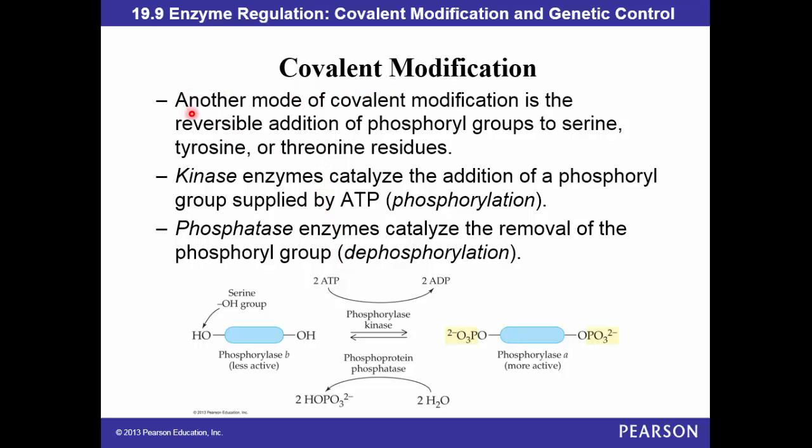Now, covalent modification. Another mode of covalent modification is the reversible addition of phosphoryl groups to serine, tyrosine, or threonine residues. Kinase enzymes catalyze the addition of a phosphoryl group supplied by ATP. This is called phosphorylation. Phosphatase enzymes catalyze the removal of the phosphoryl group. This is called dephosphorylation.